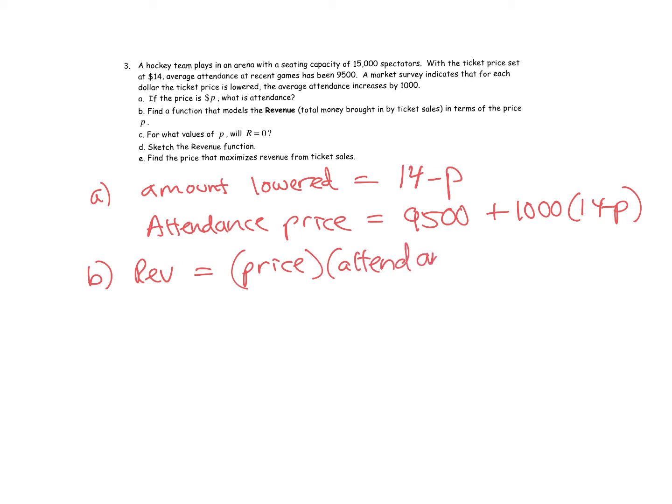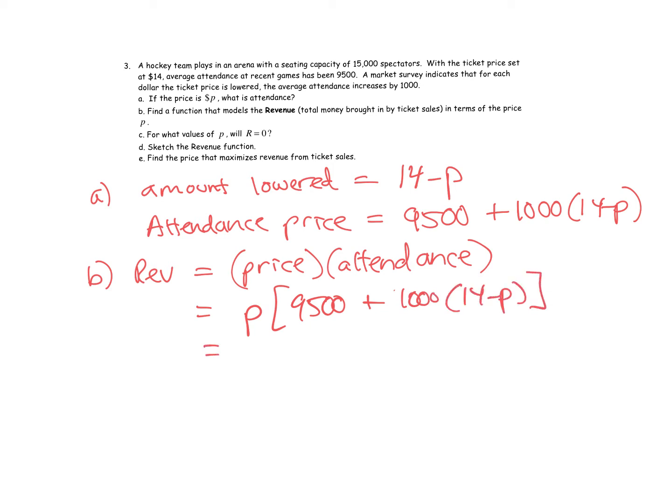If I take the equation above, I can just multiply it by price. So price times 9,500 plus 1,000, 14 minus P. I didn't write 1,000, hold on.